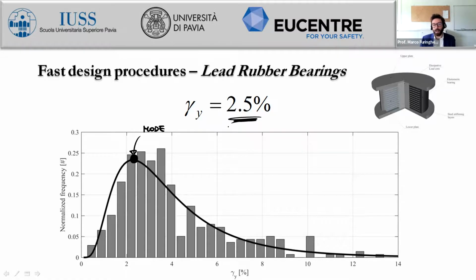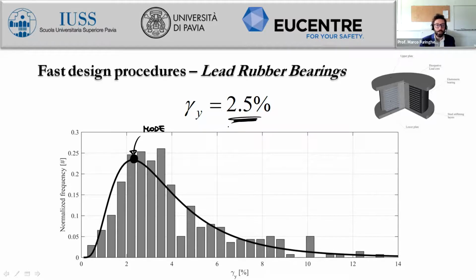And we have to keep in mind that this parameter actually has a probability distribution. This means that it is not a deterministic value, but it can be represented by a random variable. So maybe you can just assume 2.5% for an initial design, but then you can also vary that parameter according to this distribution.